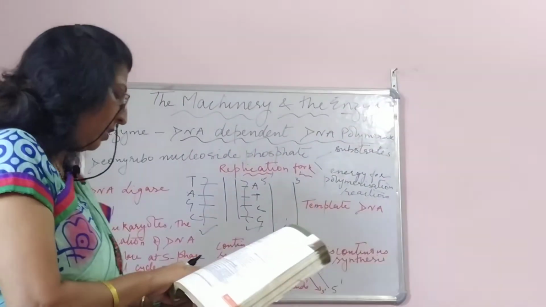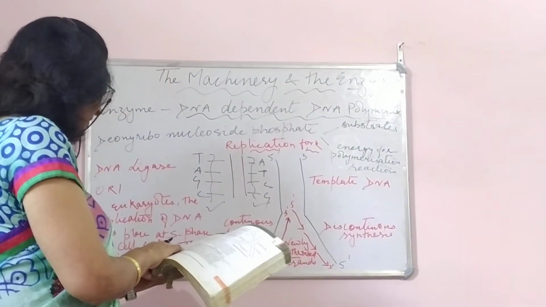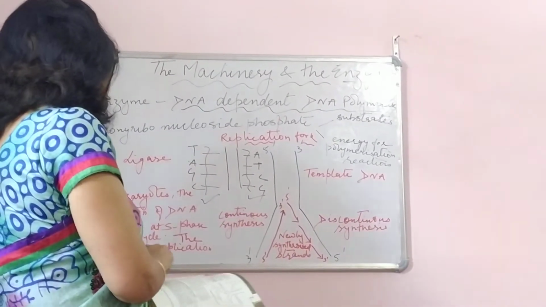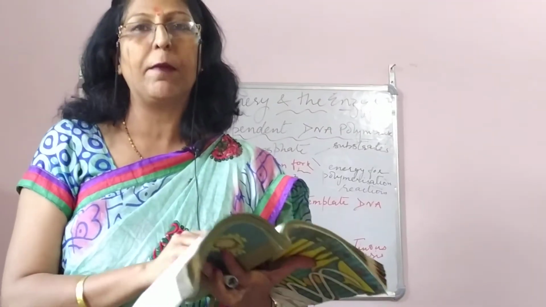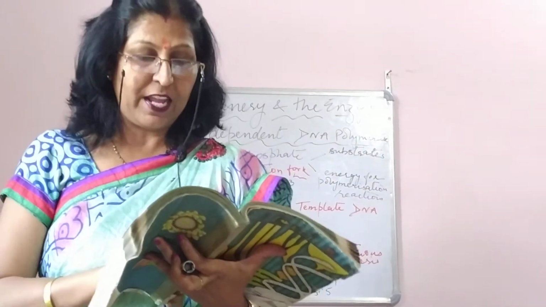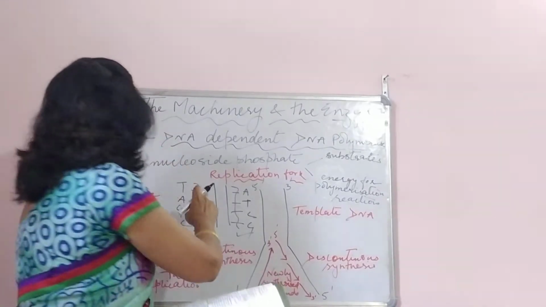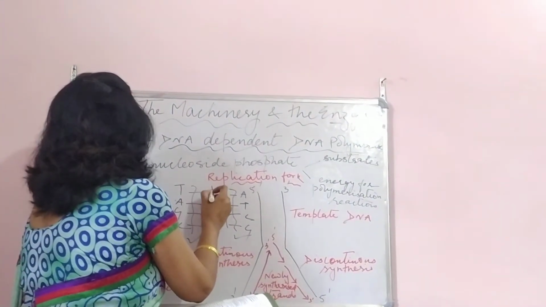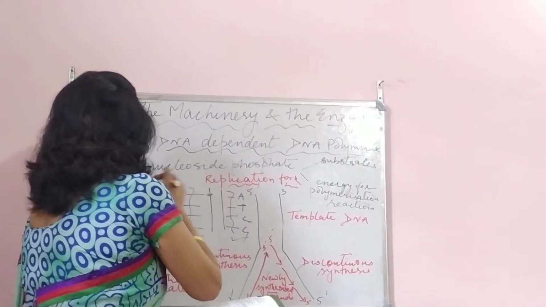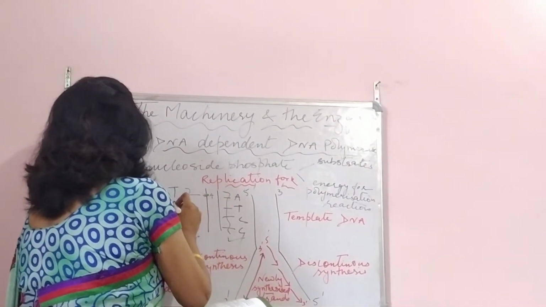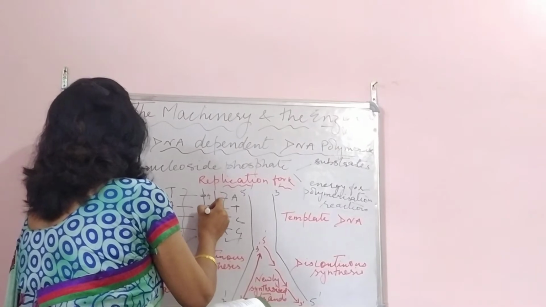All these polymerases have to be very fast, but the catalysis also has to happen with a high degree of accuracy. If here there is T, it requires A over here. Here it is A, it requires T actually over here.